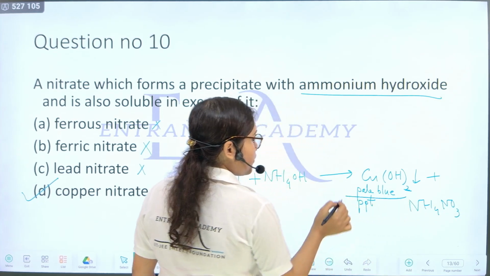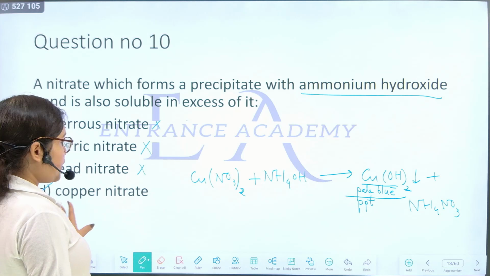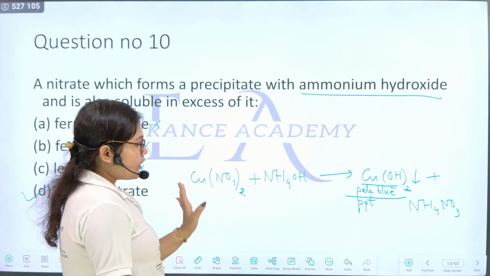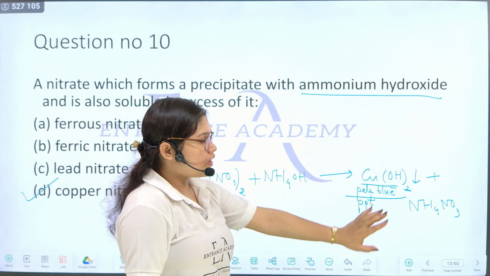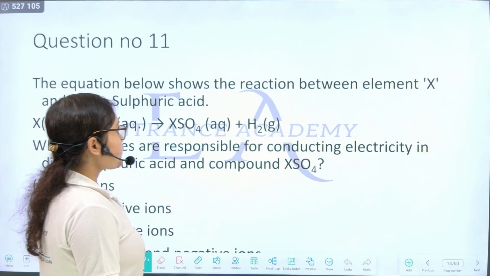This is the copper hydroxide precipitate. So the answer is copper nitrate. In the reaction of copper nitrate with ammonium hydroxide, copper hydroxide pale blue precipitate and ammonium nitrate form.